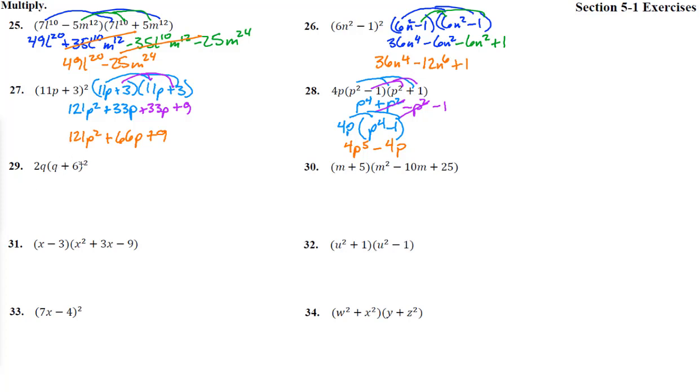Ooh, this has a q plus 6 squared, so that's really this q plus 6 squared. We're going to write over here as q plus 6 times q plus 6. So that'll give us q squared plus 6q, and then the 6 jumping in gives us a plus 6q plus 36. So altogether we have q squared plus 12q plus 36.